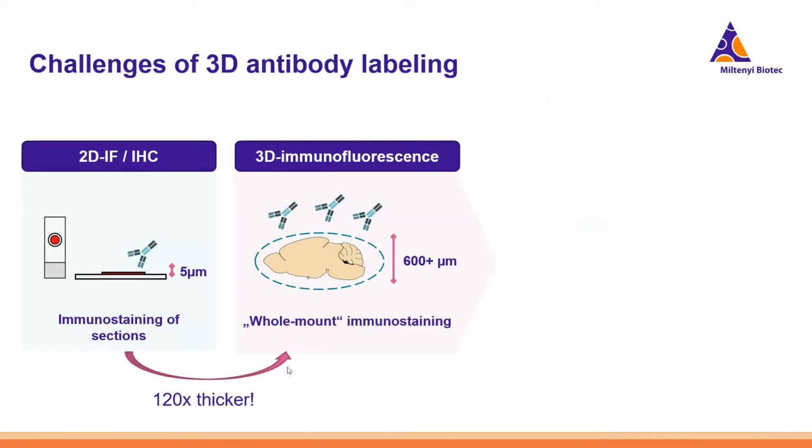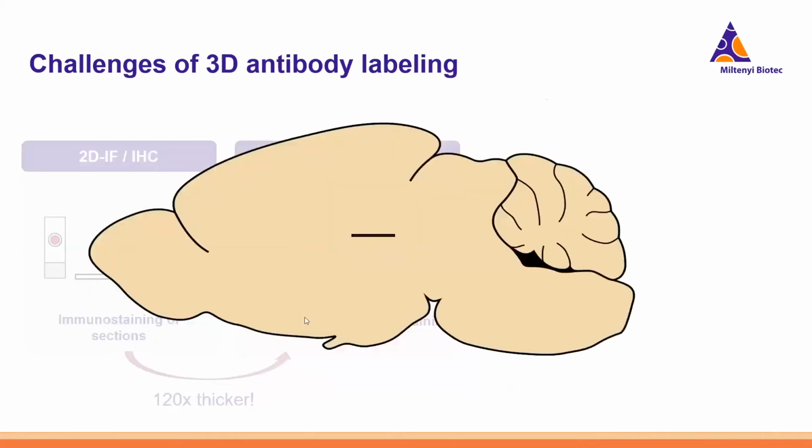And just to show you what this means actually, here is the thickness of an FFPE section, 5 microns, in comparison to the mouse brain hemisphere. So I think it's easily understandable that this is not straightforward and comes with certain challenges.